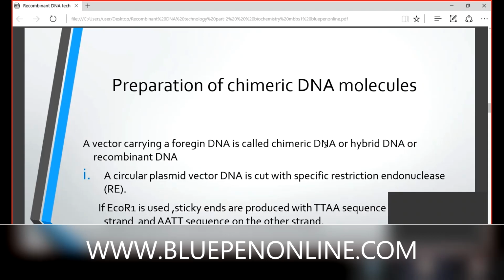There are different sizes coding for different proteins. Then insulin mRNA is identified. Then cDNA is synthesized through the reverse transcriptase mechanism, reverse transcription.